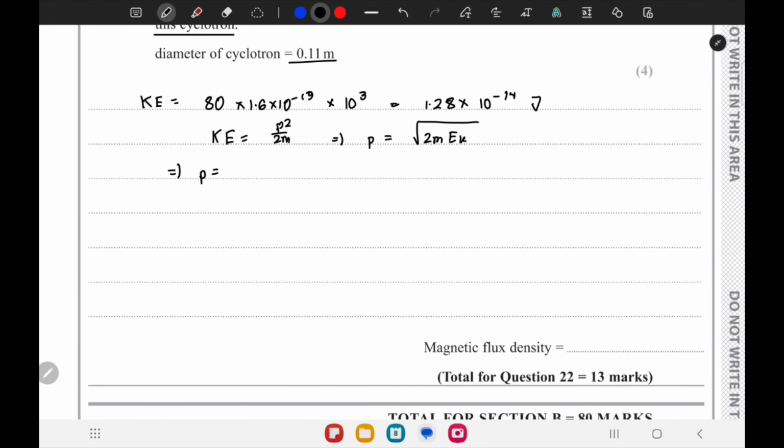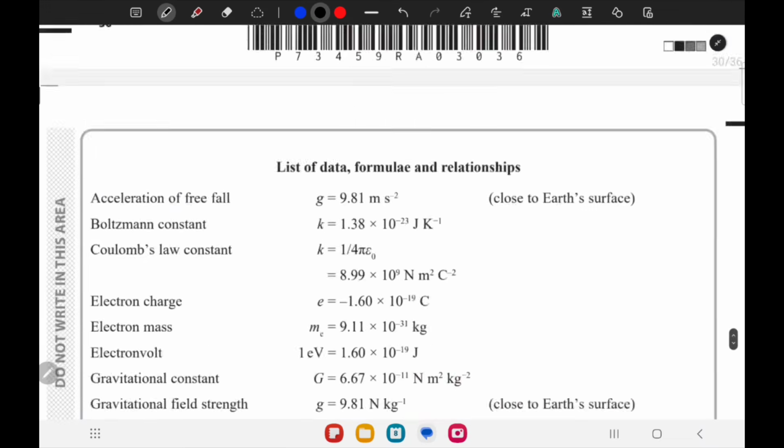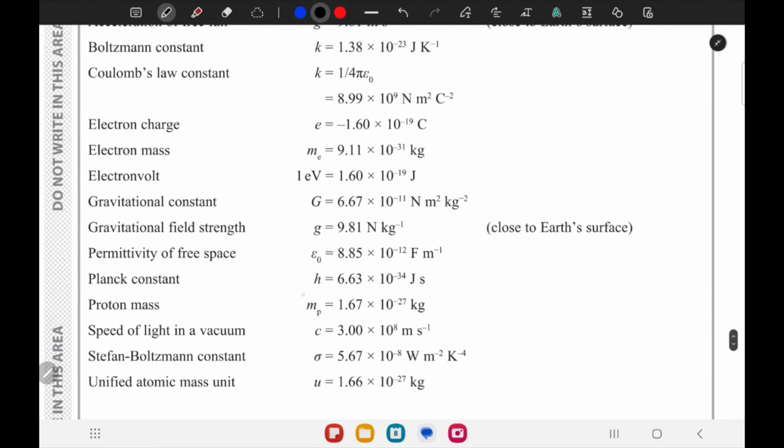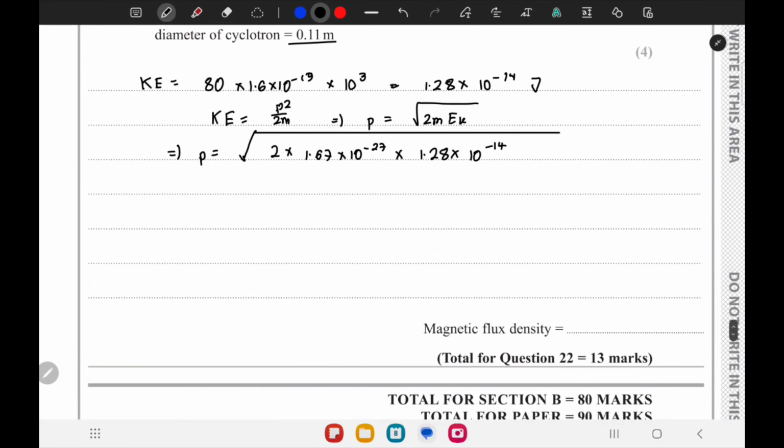So the momentum of this proton would be root over twice into the mass of a proton, which is 1.67 into 10 to the power minus 27, times its kinetic energy, so 1.28 into 10 to the power minus 14. So if we calculate the momentum, it comes out to be 6.54 into 10 to the power minus 21 Newton seconds.